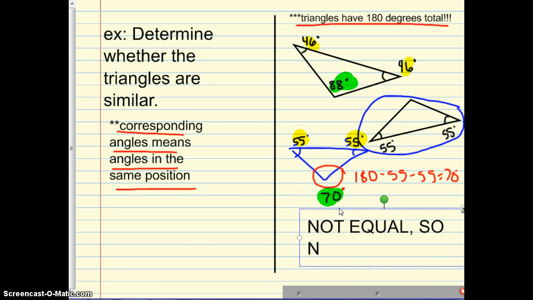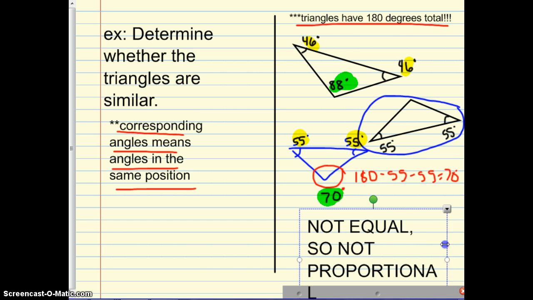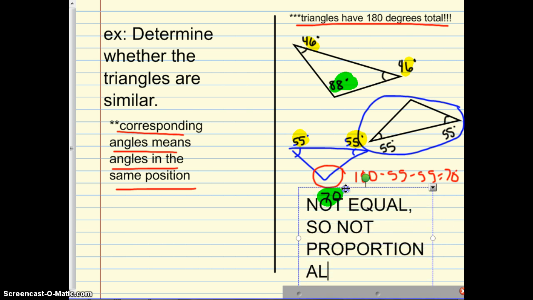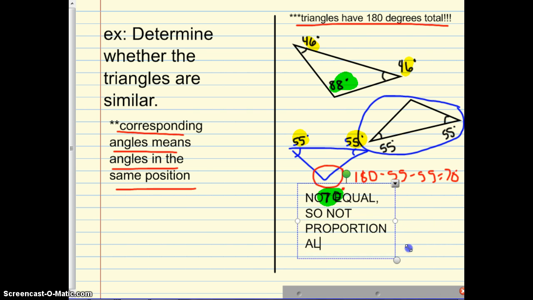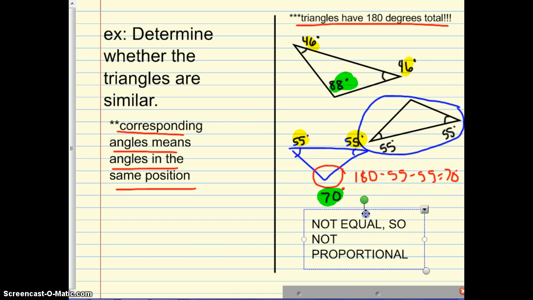So, no, these are not similar. The 8th grade answer to this question would be no. Okay, moving along.